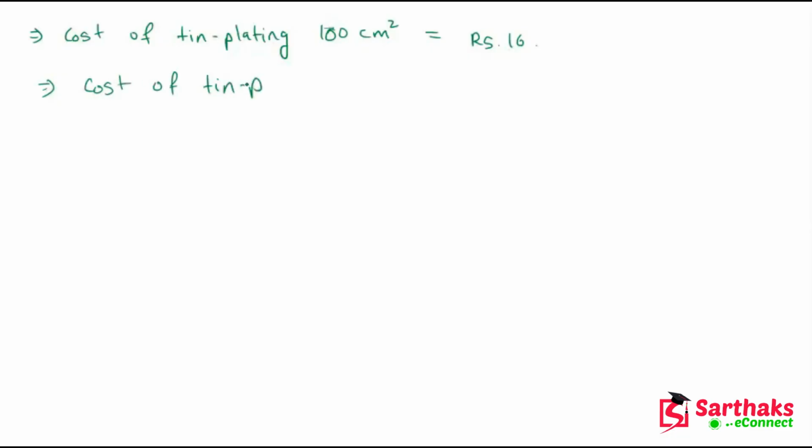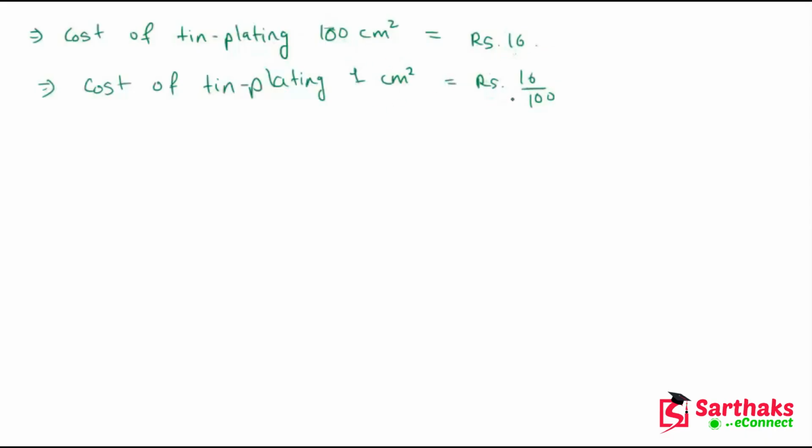Now we have to find the cost of tin plating. It is given in the question, cost of tin plating for 100 centimeter square is equals to rupees 16. So first of all we have to find for 1 centimeter square. So cost of tin plating for 1 centimeter square will be rupees 16 upon 100.